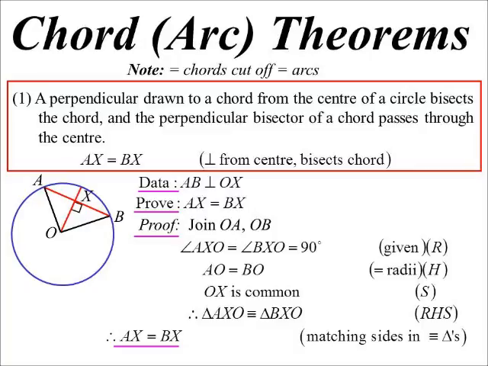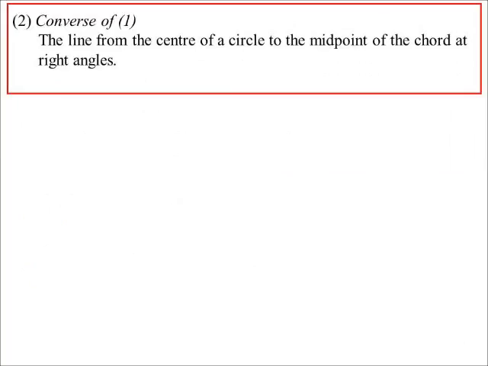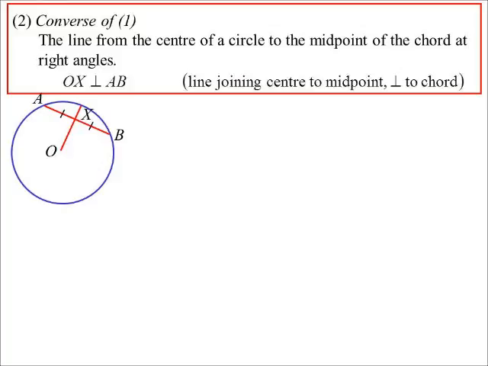So that's the first part. If we know that the line is coming perpendicular to the chord, then it's going to cut that chord in half. Now, the reverse, or the converse, of that is this one. Let me draw that shape up. Say it was the other way around. What I knew was that AX is equal to BX. Then I could say that those two lines must be perpendicular.